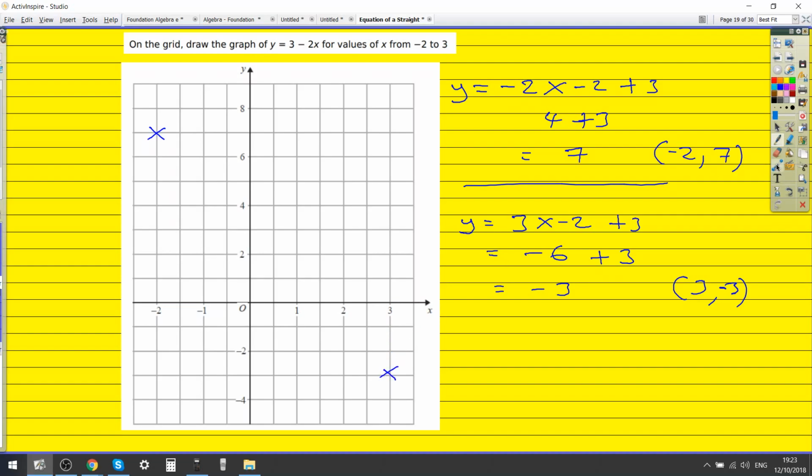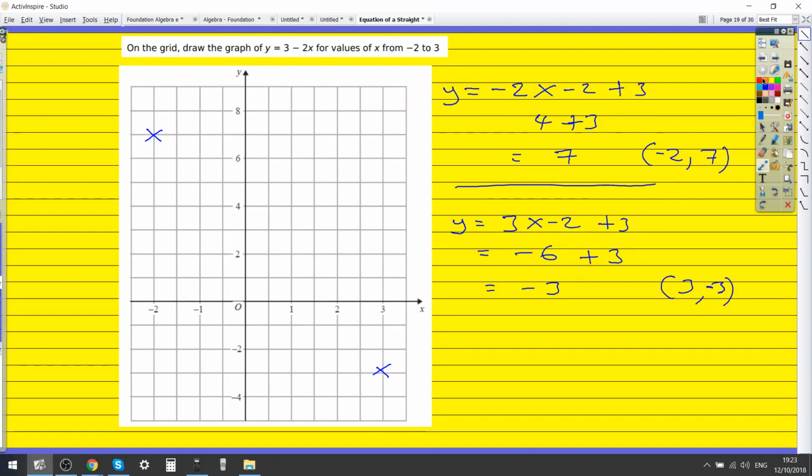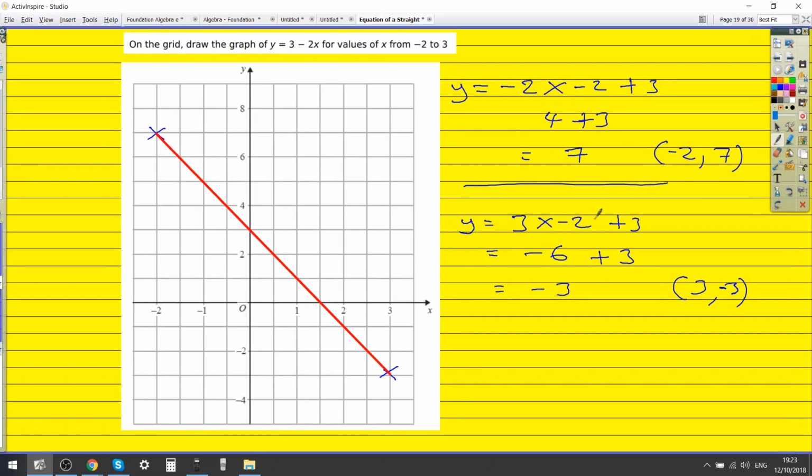And what's different about this line? It's negative. It's going downwards. And how would you know that this line is going to go down? Just by looking at the equation. Because one point's lower than the other. If all you had was the equation, y equals 3 minus 2x. Because the x comes after the first number?